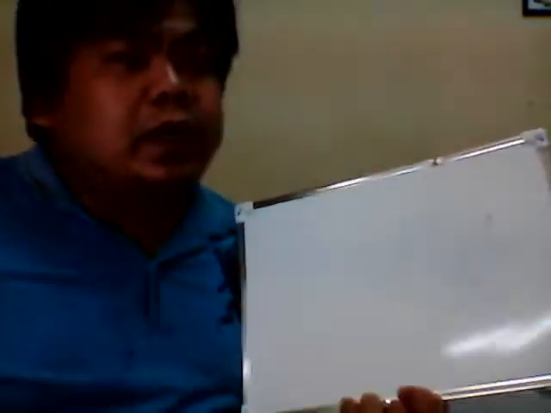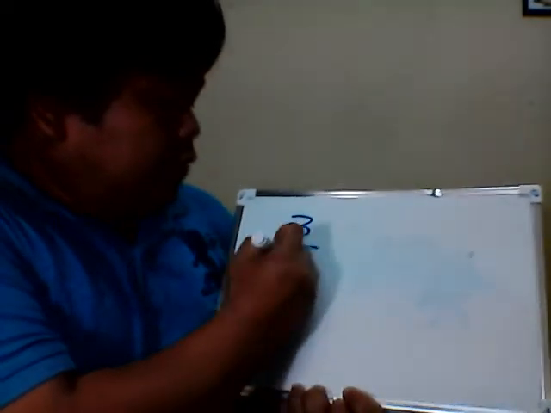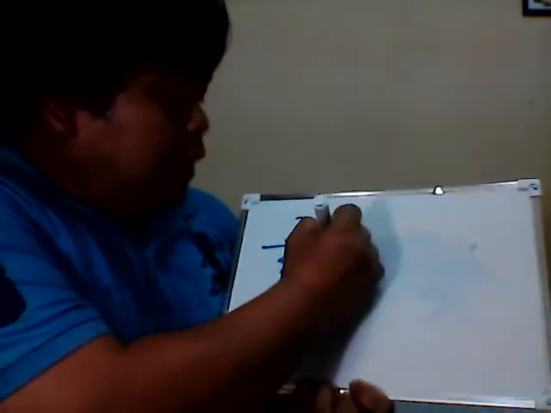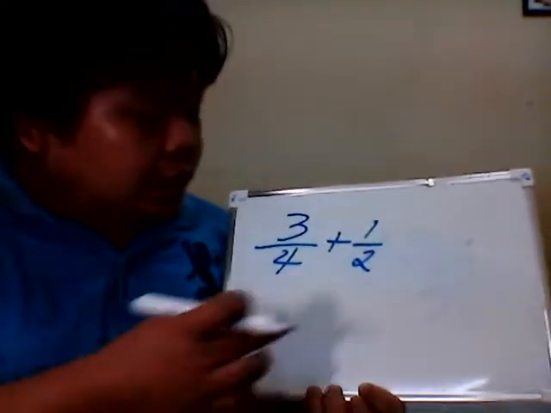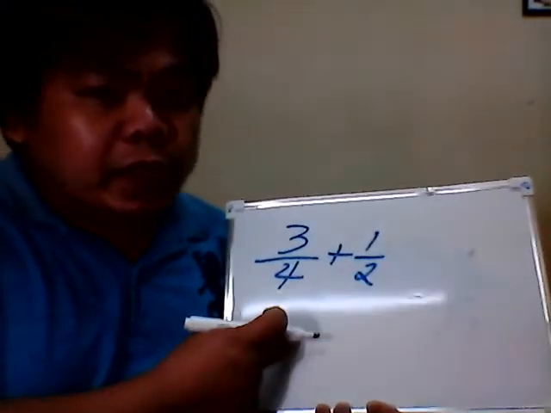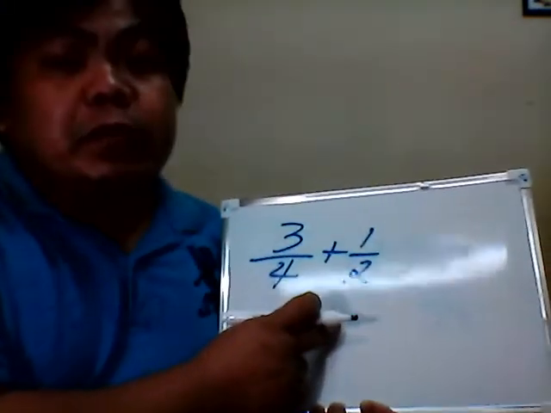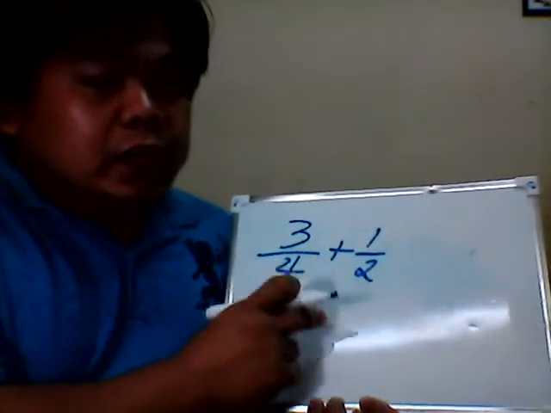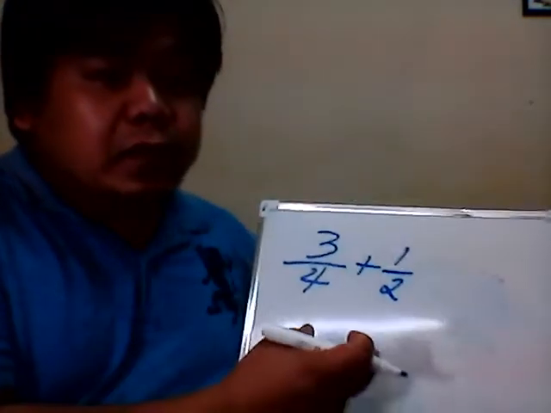How about if the fractions are dissimilar? Let's say, for example, we have 3/4 plus 1/2. Okay? So, as you can see, the denominators are different. So, this is now considered a dissimilar fraction.